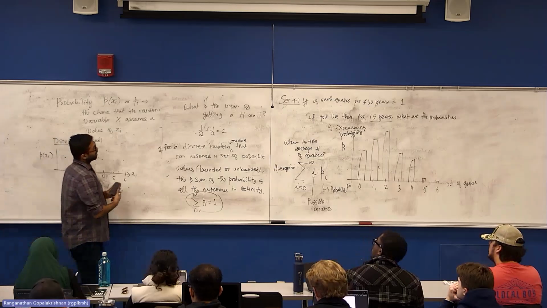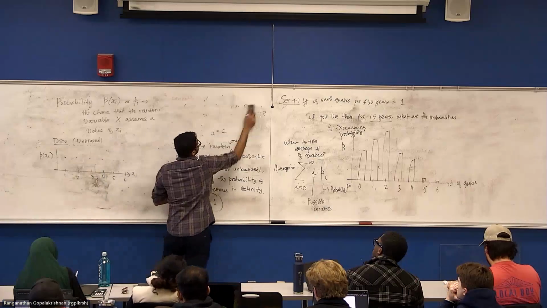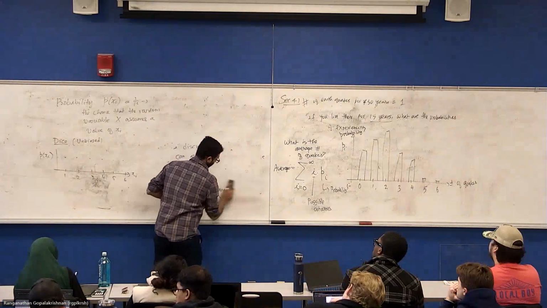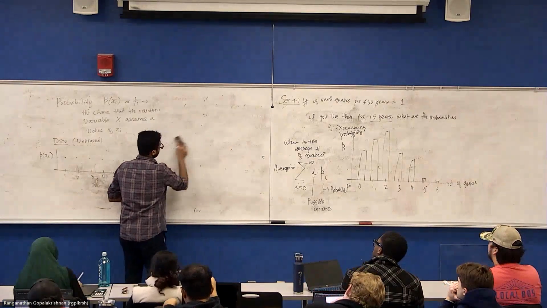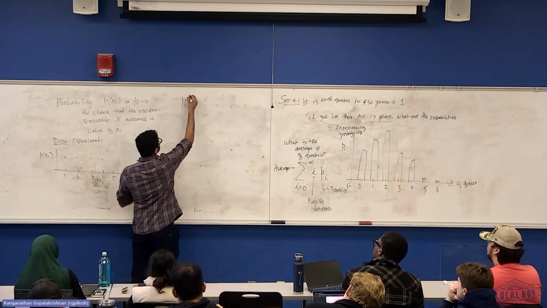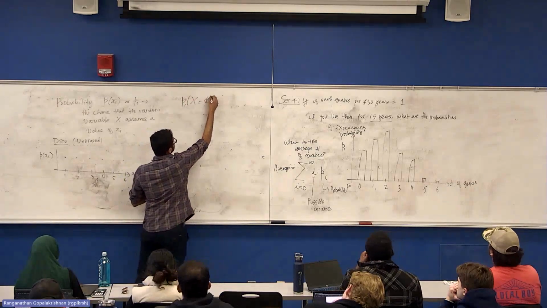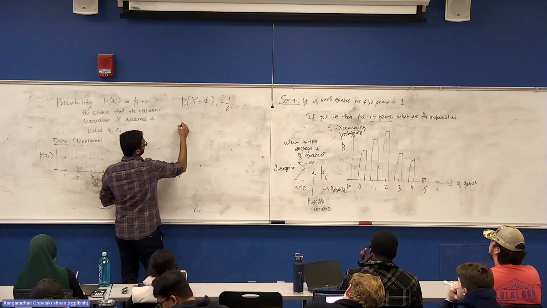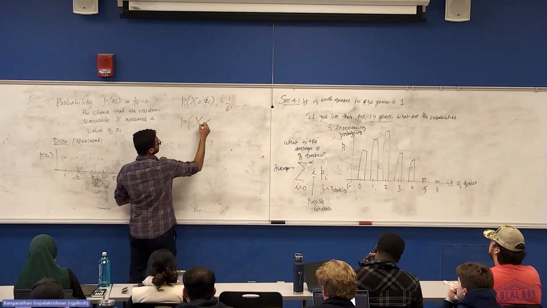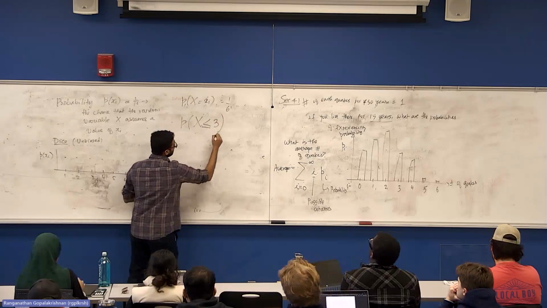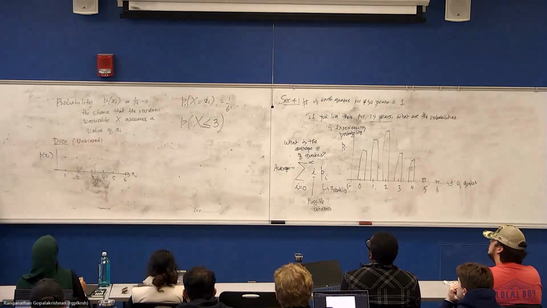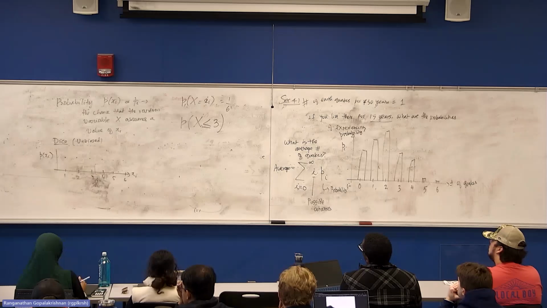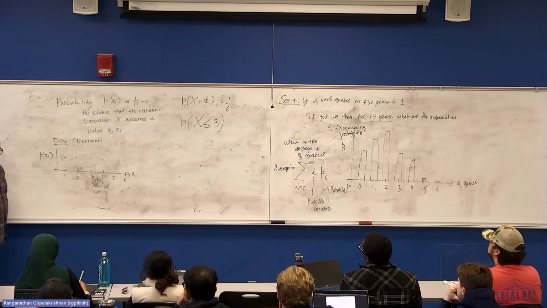So another quantity of interest. This is probability of x assuming xi, which is 1/6. So let me ask you, what is the probability that x assumes values that are equal to or less than 3? When you roll the dice, what are the odds it will be a 3 or less? It will be 1/2.